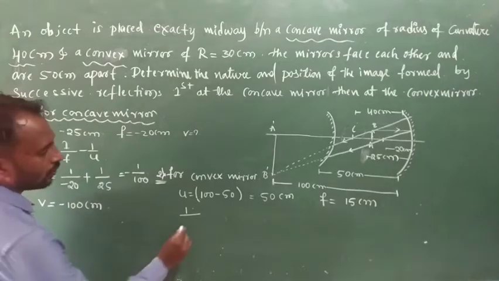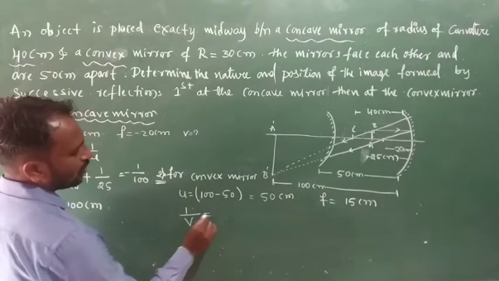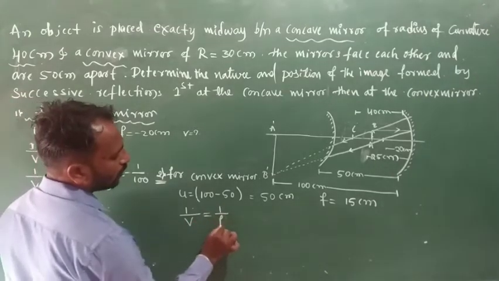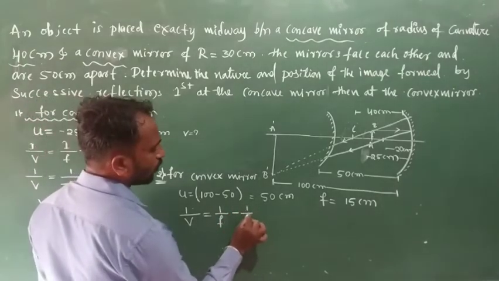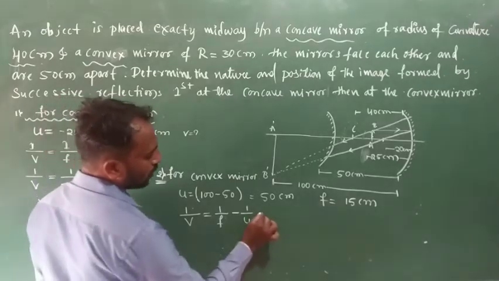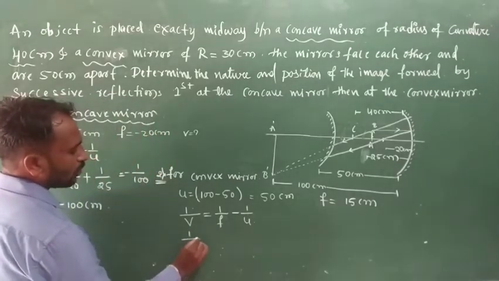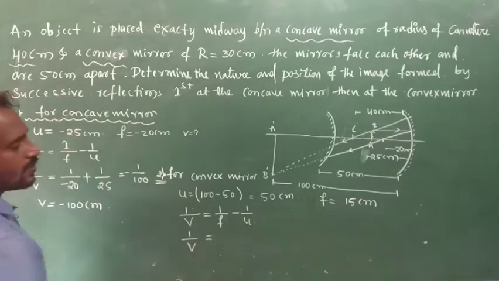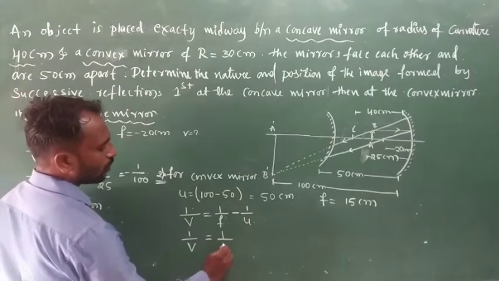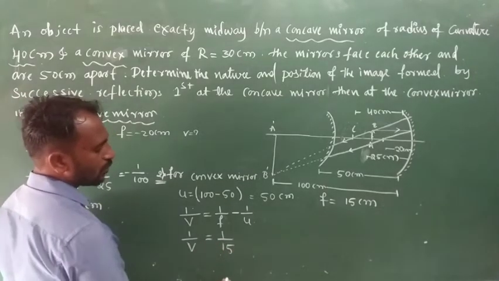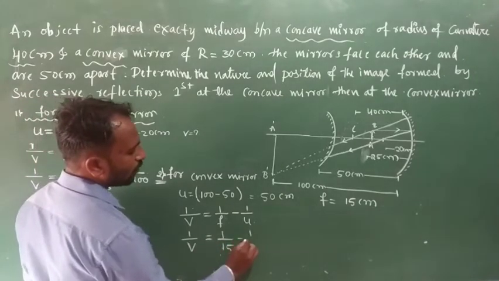So 1 by v is equal to 1 by f minus 1 by u. 1 by f means here we consider 15, which is positive, minus 1 by u.